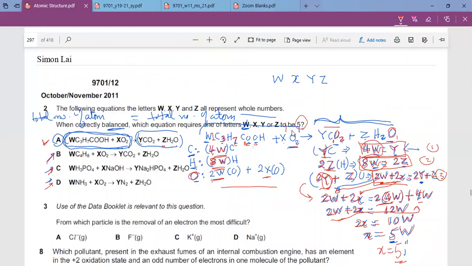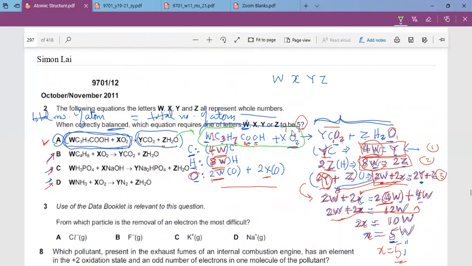So how to do such a thing? I got 4 examples here. Which is correct? That means one of them must be 5. So how do we do it? Now look here. First, I'm going to use the green pen. I copy this over here. On the left-hand side are all your reagents.